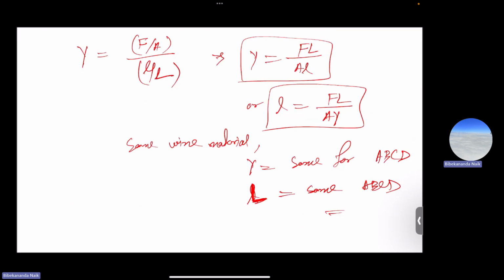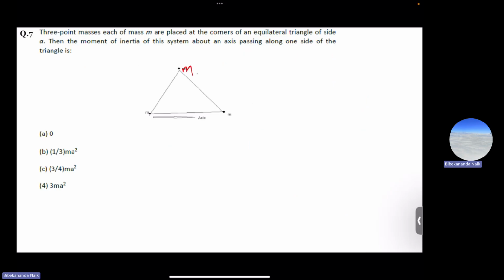Now we move to question number 7. Question number 7 says 3 point masses, each of mass m, are placed at the corners of an equilateral triangle of side a. Then find the moment of inertia of the system about an axis passing along one side of the triangle. So the triangle is given here. Here it is m, m, m.